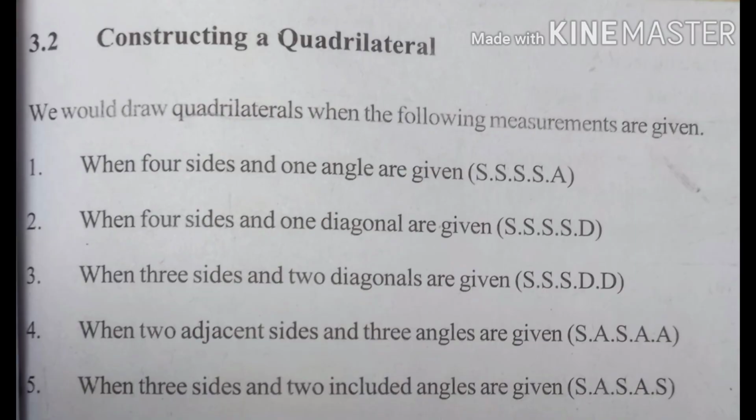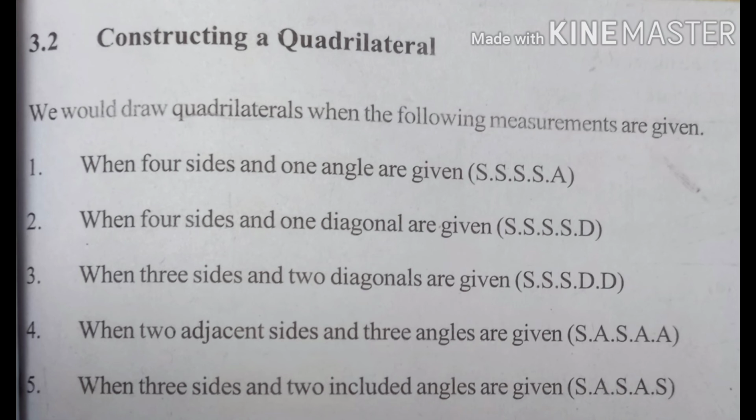We can draw quadrilaterals when the following measurements are given. First one, when 4 sides and 1 angle are given, that is SSSSA rule. Second one, when 4 sides and 1 diagonal are given, that is SSSSD.